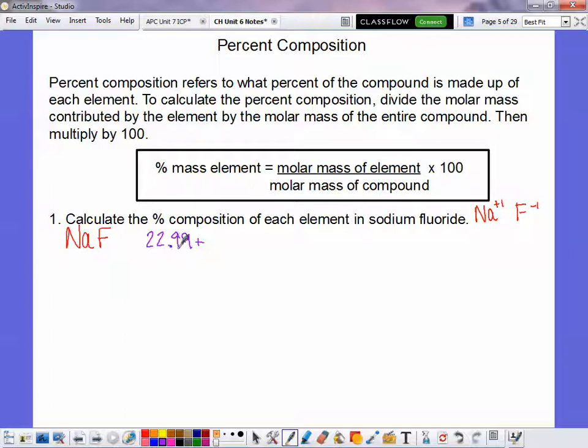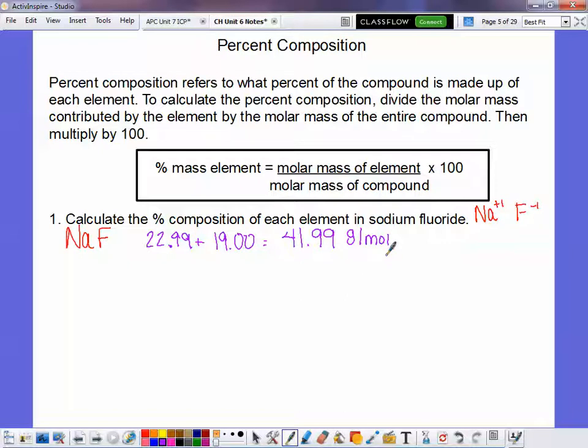And then plus fluorine's mass rounded to 2 decimal places, which is 19, technically 19.00. So what is our total molar mass? 41.99. And what's our unit? Grams per mole.